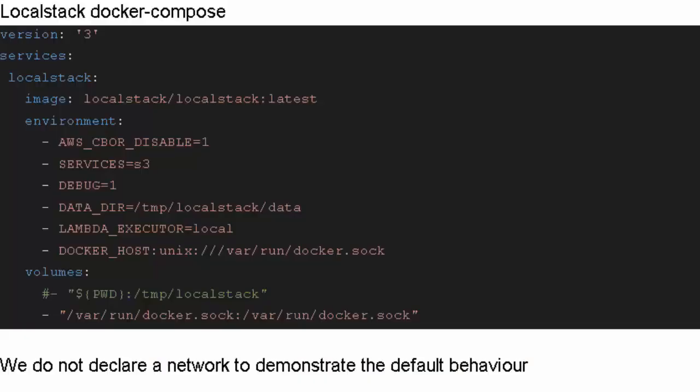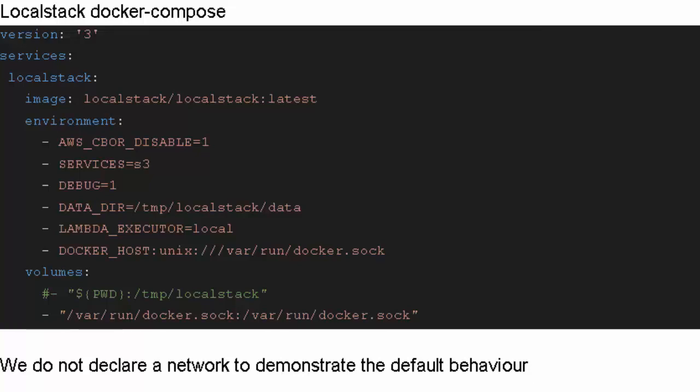This is the Docker Compose file we are using to build and run our Localstack container. In the environment, we have this AWS CBOR disable variable, which we've set to 1. We don't strictly need it for this test, but for anything Kinesis related, we do need it. So I pointed it out now, so we're using a Kinesis event JSON as input to our Lambda function, and in the next video we're going to start working with Amazon Kinesis.